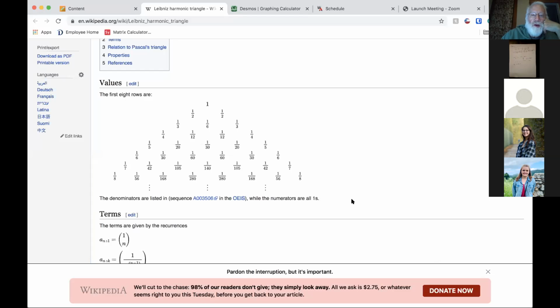Are you seeing a different version of the triangle that looks more triangular? Yes, I did it this way for various reasons. But if you notice, this triangle here looks a lot like Pascal's triangle.